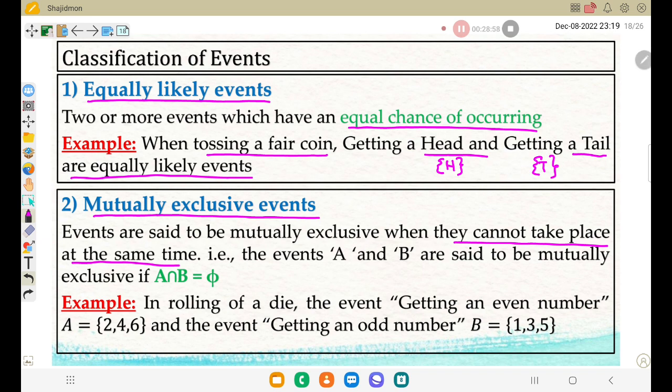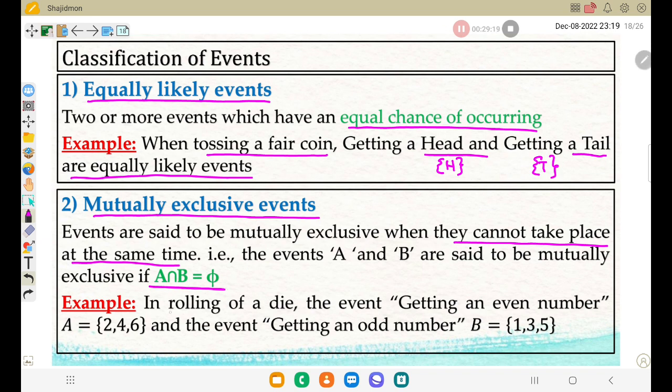For example, events A and B are said to be mutually exclusive if A intersection B is empty. That means A and B together will not happen, an empty set. There should not be any common member. That is the meaning of mutually exclusive events.